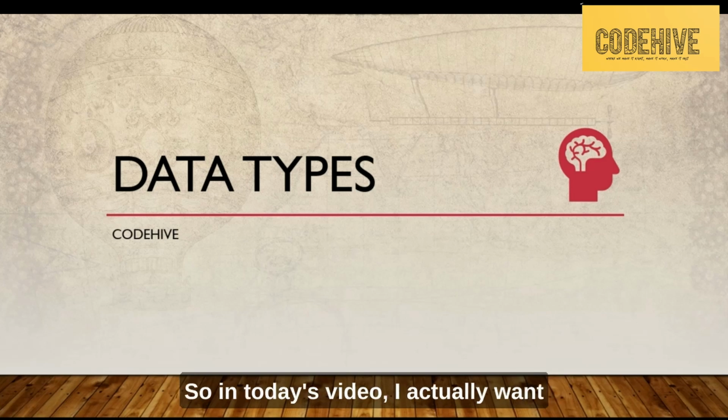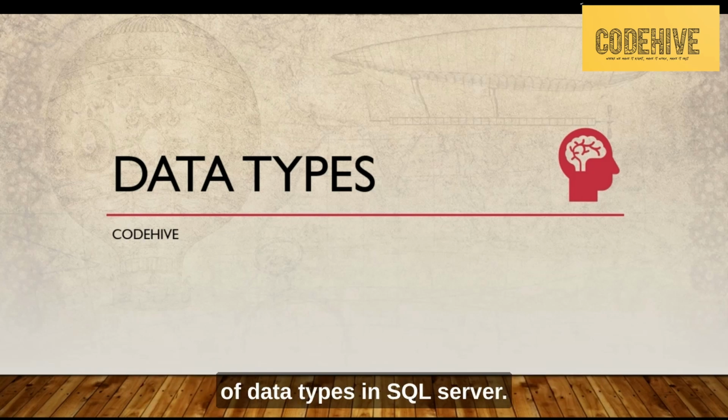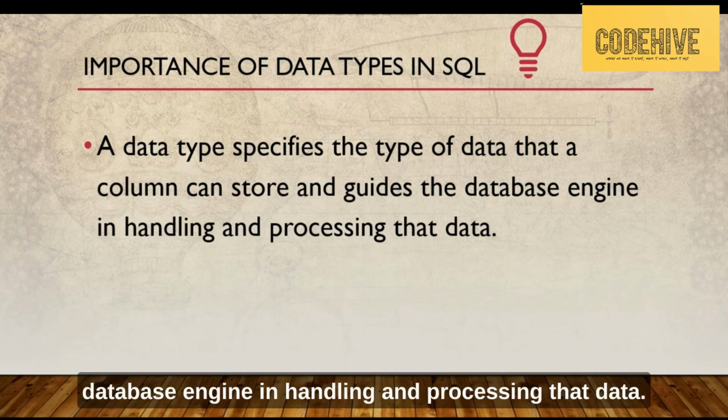So in today's video, I actually want to talk about data types, right? Before looking at the different data types, I just quickly want to discuss the importance of data types in SQL Server. A data type specifies the type of data that a column can store and guides the database engine in handling and processing that data.